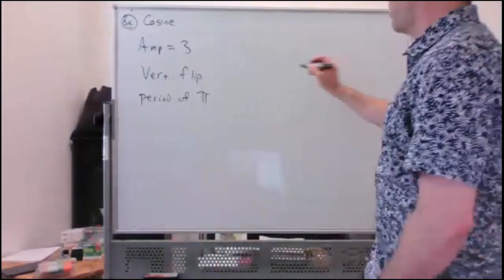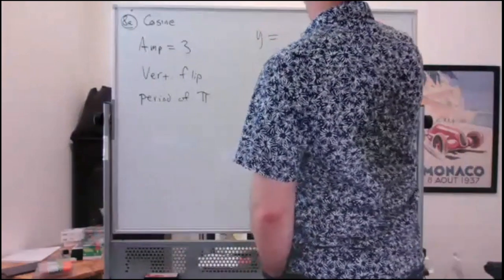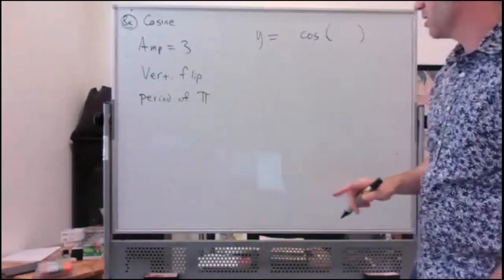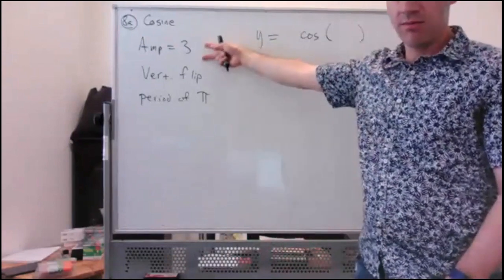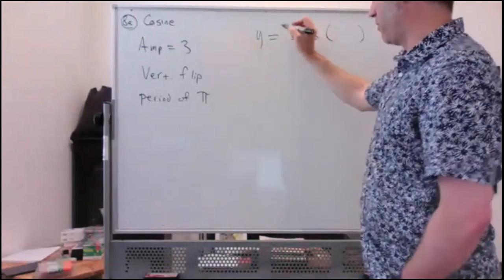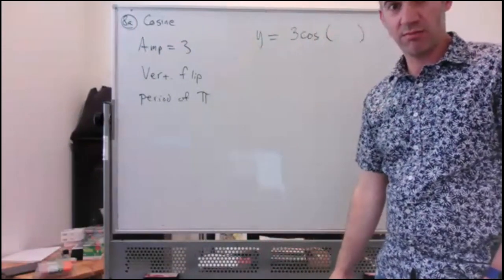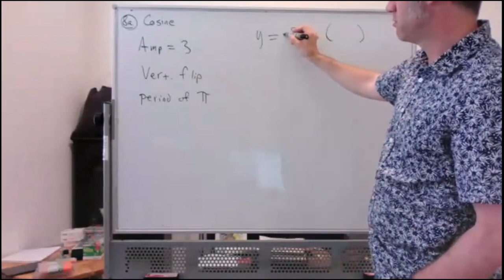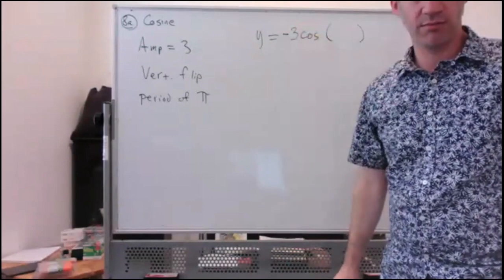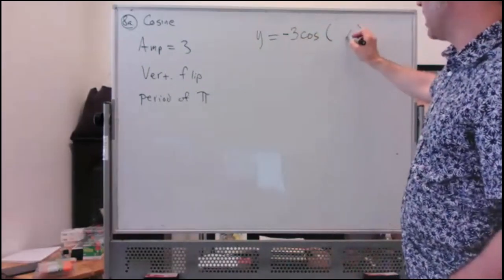So I'm going to start with y equal to cosine of something. What do I need to make the amplitude 3? I need a 3 out in front. What do I need to get the vertical flip? The minus sign out in front. And then to get a period of pi, well, I know there's going to be an x in there.